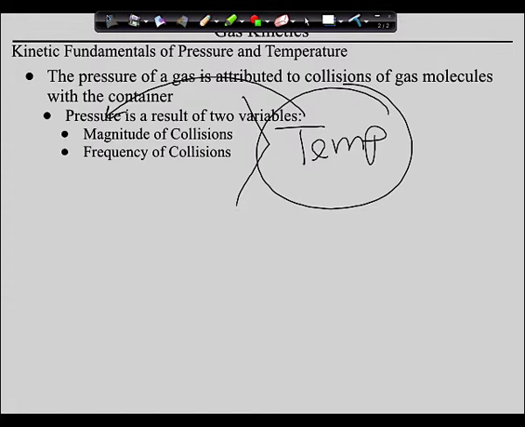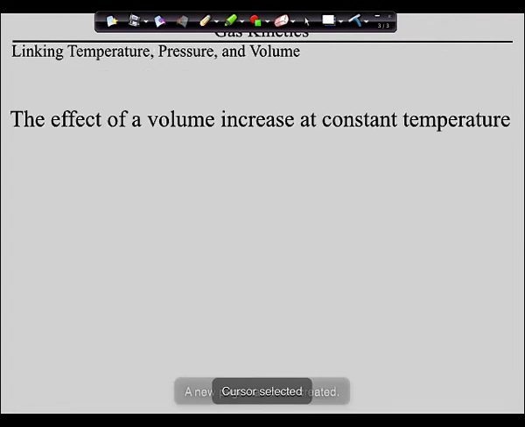So let's see if we can do this. Just throwing out a couple questions. What effect does a volume increase have on pressure if we leave the temperature constant? But here's what you've got to be able to do: explain it given the kinetic theory of gases.